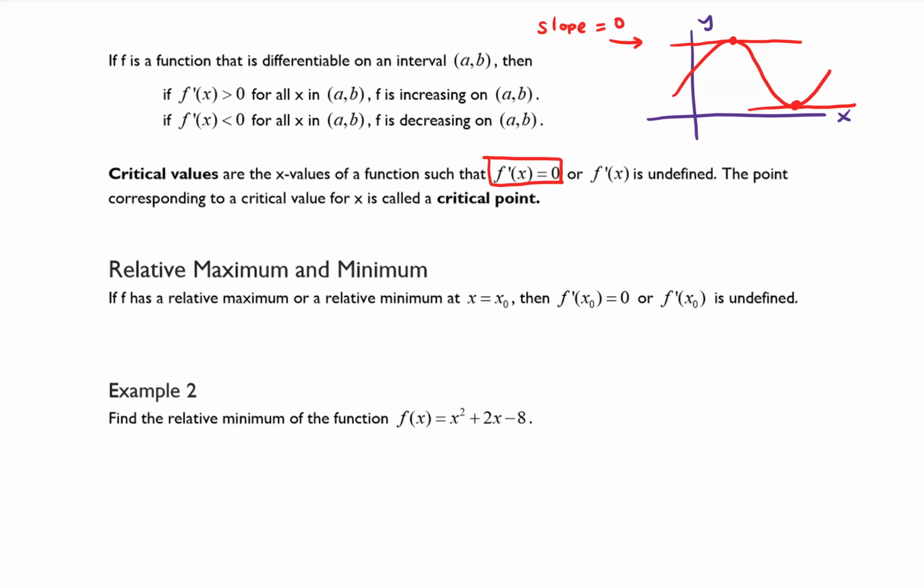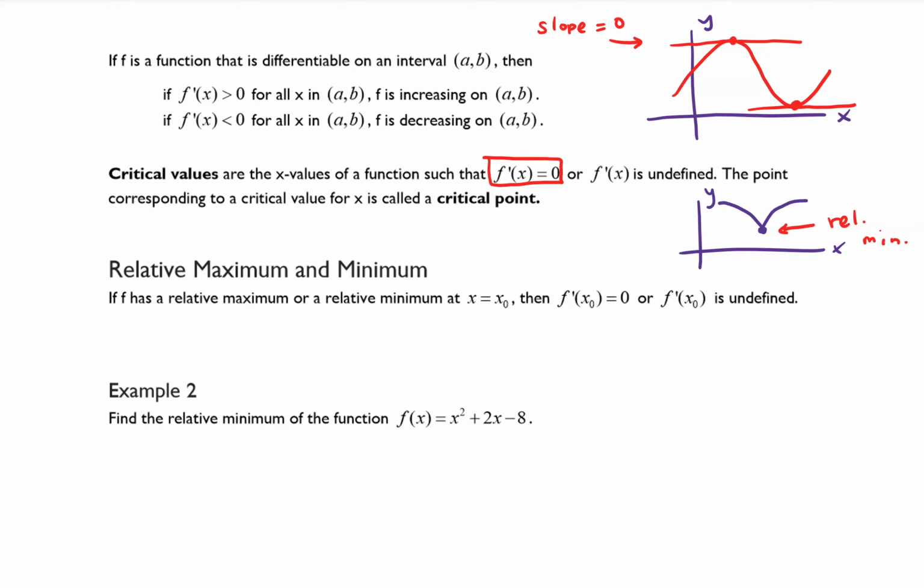And then sometimes you have scenarios where your function may look something like this. Maybe it looks something like that. And here, this is a relative minimum. I'm going to abbreviate rel min for relative minimum.